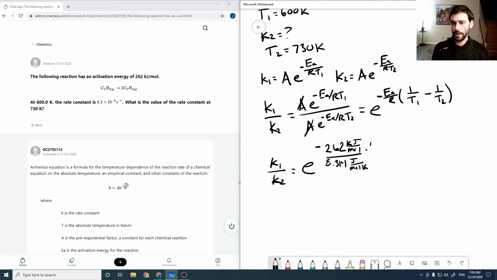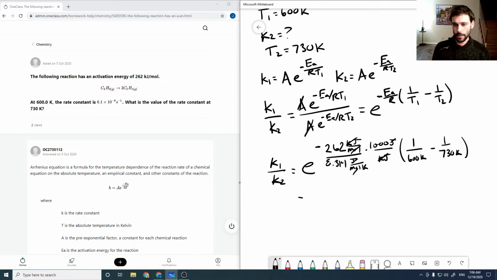So we're going to need to multiply by 1,000 joules per kilojoule here, just to get rid of the kilojoules, and the joule will cancel there, the per mole will cancel, giving a Kelvin up top, and then this is 1 over 600 Kelvin minus 1 over 730 Kelvin, meaning all the units are going to cancel, which is good. When we take an exponential, we want it to be unitless.